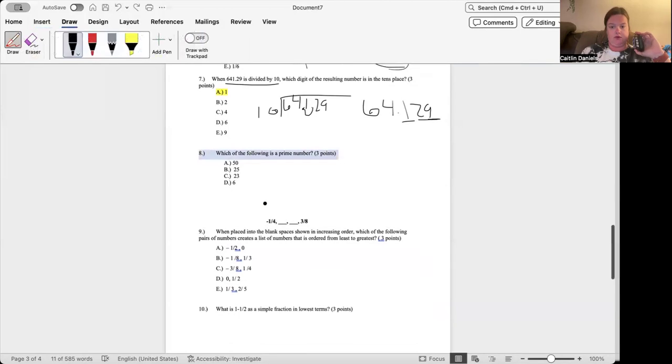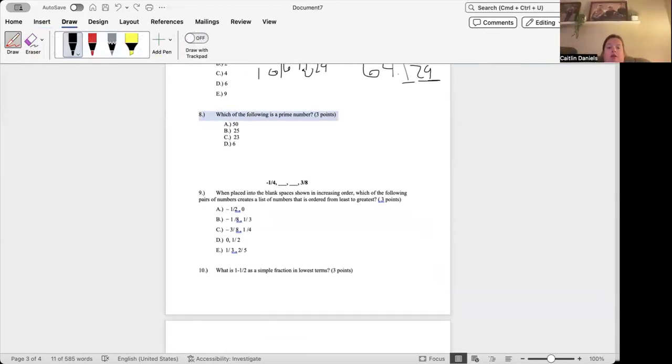Okay. Which of the following is a prime number? So the prime number is whenever the number can no longer be divided into anything else. It's prime. It cannot be divided by anything. Right?